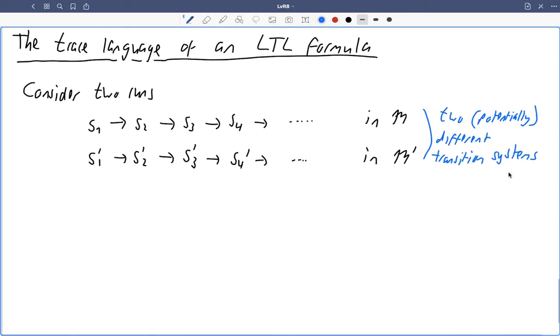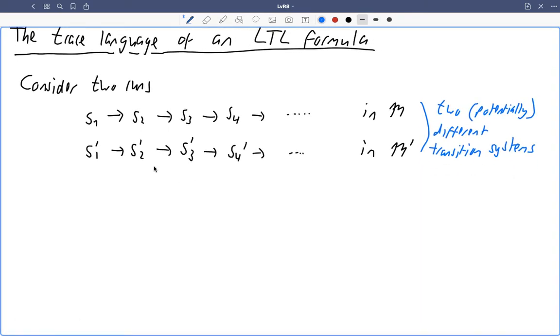And suppose these two runs enjoy the property that the set of propositional atoms labeling each state Sn is the same as the set of propositional atoms labeling each state S prime n.